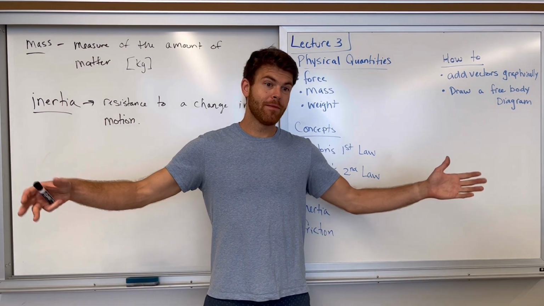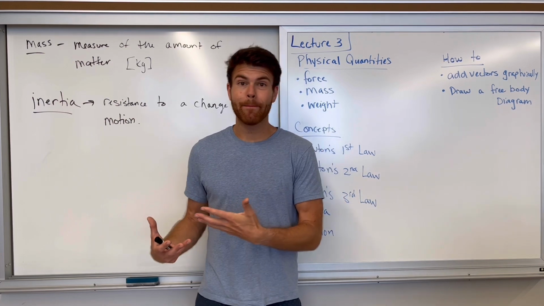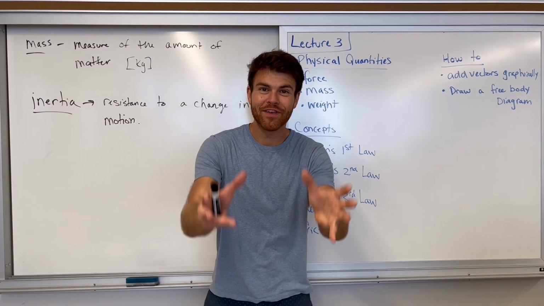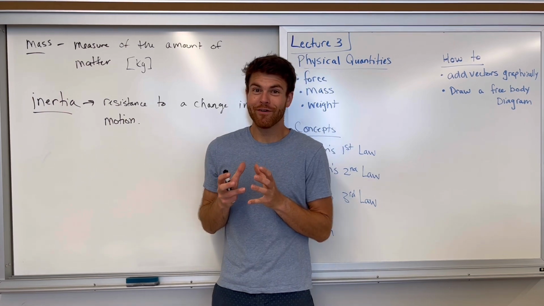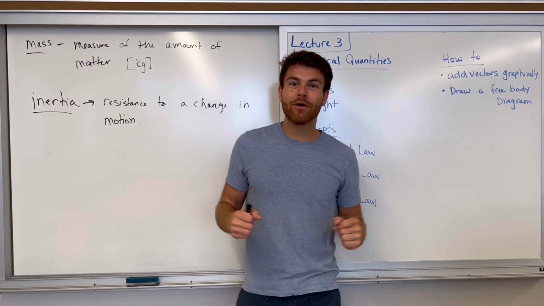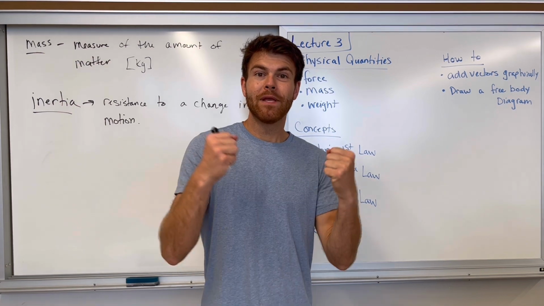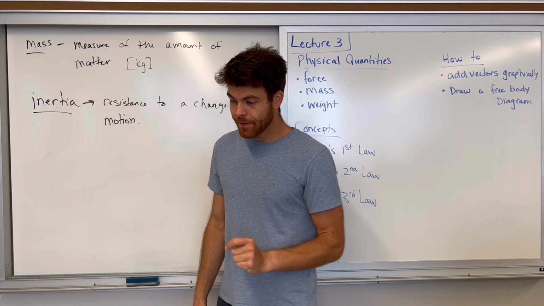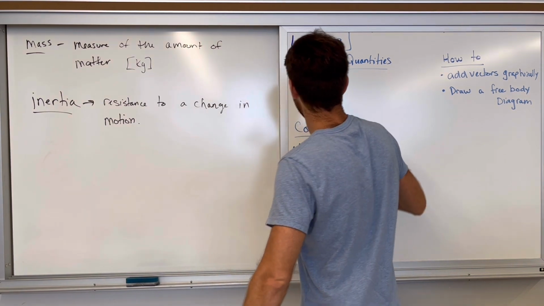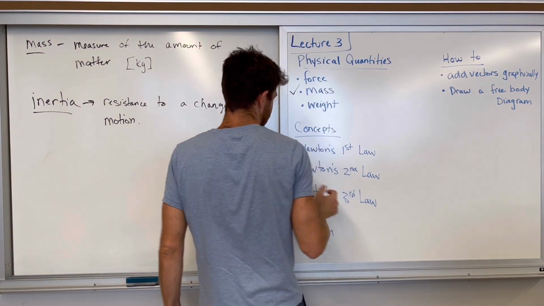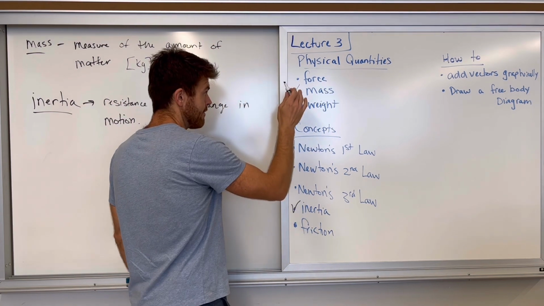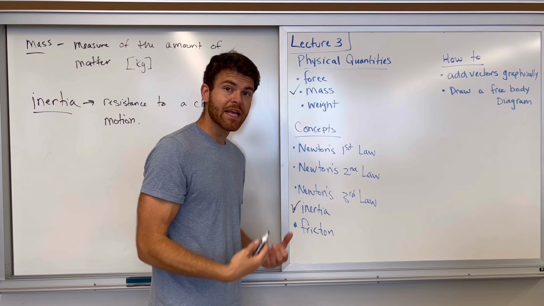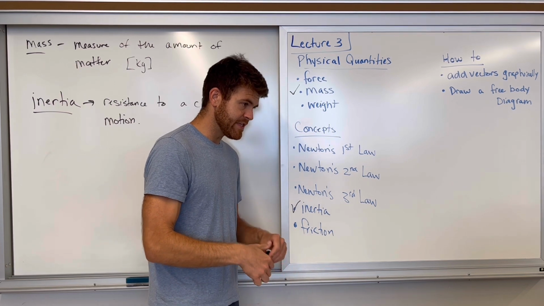Conversely, if a bowling ball is moving and we want to stop it, that's still a change in motion. If someone's passing us a bowling ball, it takes a lot more effort to catch and stop that bowling ball than it does the volleyball because of the difference in inertia. So we now have an understanding of mass and inertia and how they're related, right? It's the mass of an object that gives it inertia.